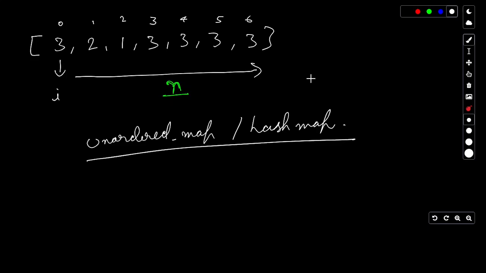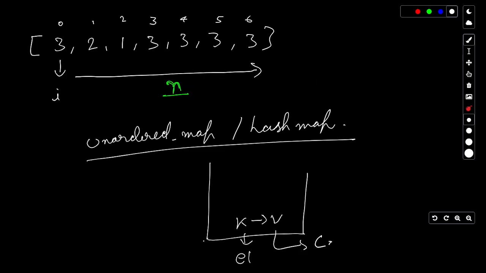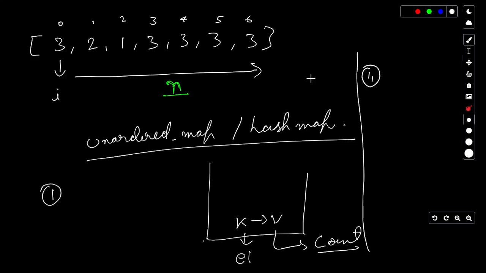First, we store elements within the hash map as key-value pairs, where the key is the element and the value is the count of that element. After this first step, we move to the second step, in which we iterate throughout the unordered map and check whether the count of a certain element is greater than n by 2.